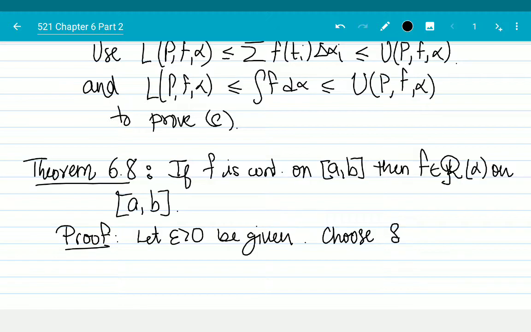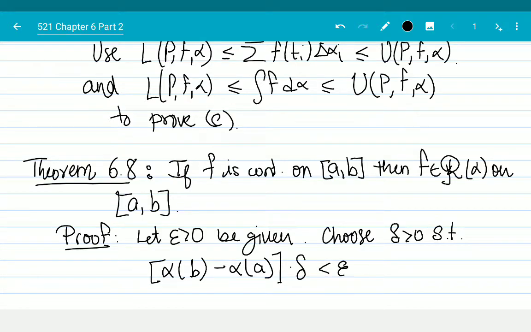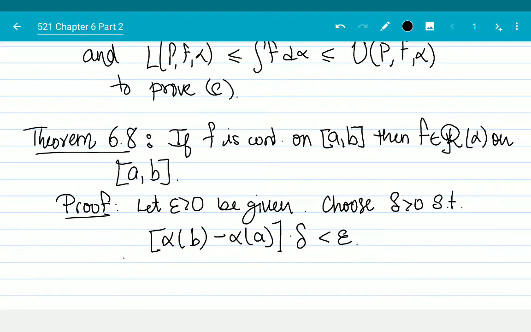Choose delta greater than 0 such that alpha(b) minus alpha(a) times delta is smaller than epsilon. Okay. Well, sorry.